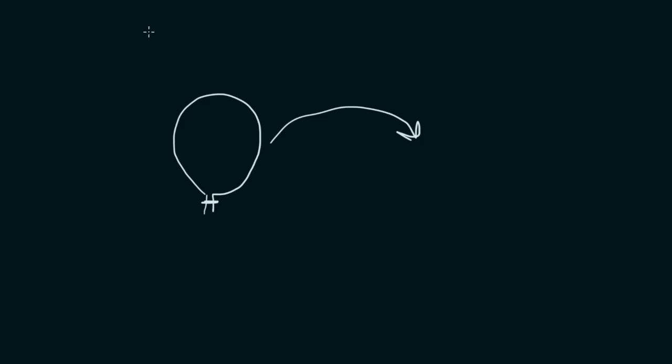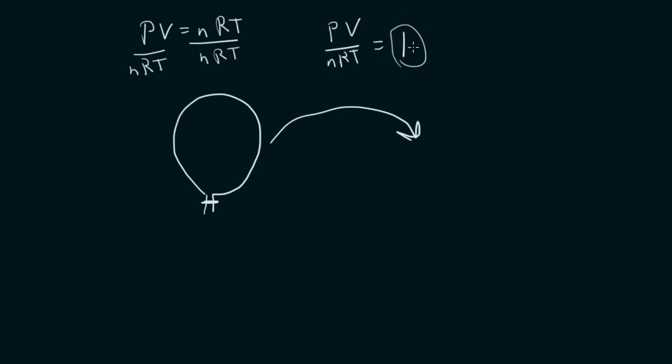Well, since this equation equals itself, what I can do is divide both sides by my nRT. And then I would get PV over nRT equals 1. So at any moment in time, for any gas, if I take all of those variables and divide them all together, it's going to be 1. So it's always going to be that constant.